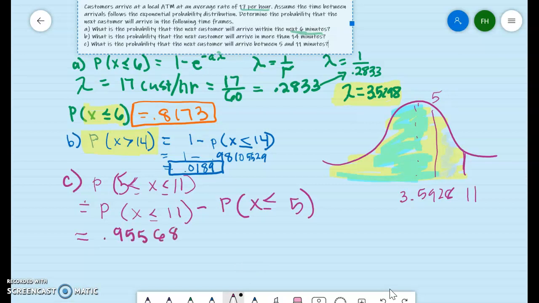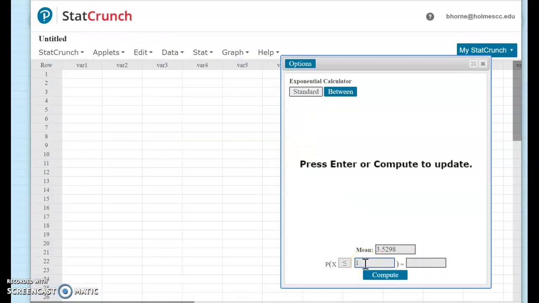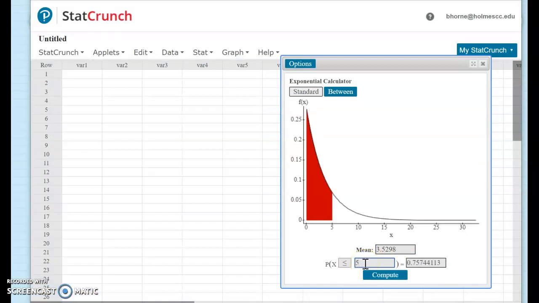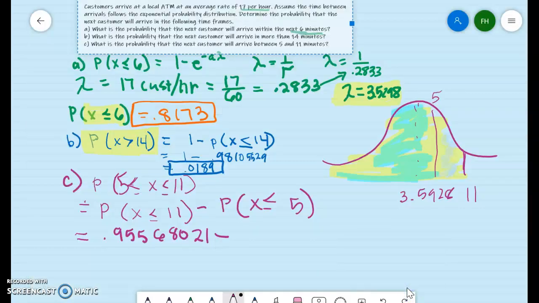And I'm sure if you rounded, you would be okay. So the probability of X is less than or equal to 5. Just type in 5 and we get 0.7574413. So we're going to subtract that out.